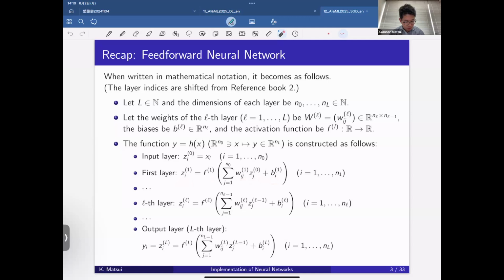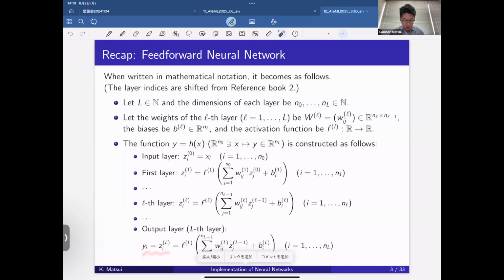We multiply Z1 by weight, add bias, and put it into the activation function to get the next output. We repeat this several times, and what comes out is the output of the neural network.